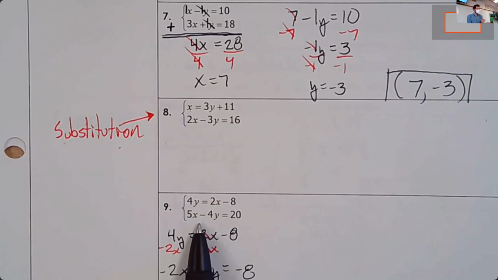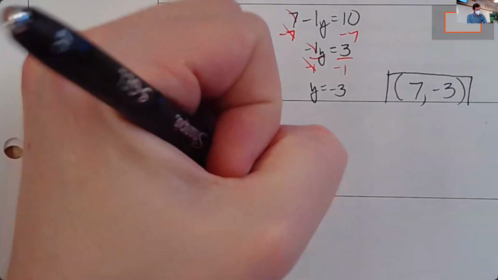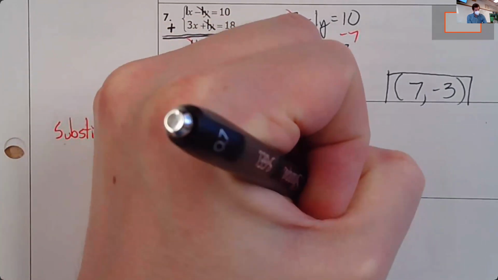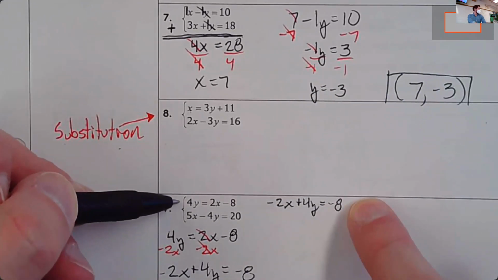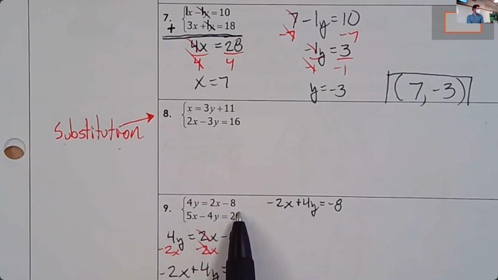What we're going to do now is rewrite both equations stacked and lined up, and then we'll be able to use elimination. The first equation, -2x plus 4y equals -8. Those two equations are the same equation, just written in standard form versus this one over here, which isn't in any form right now.